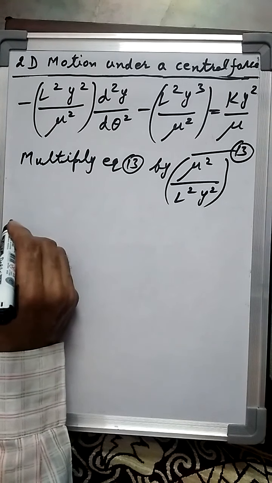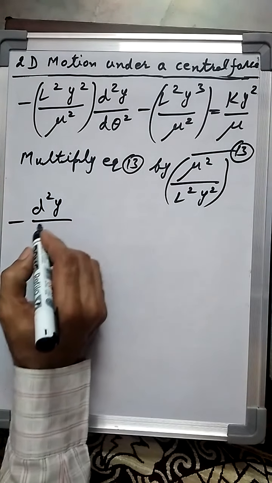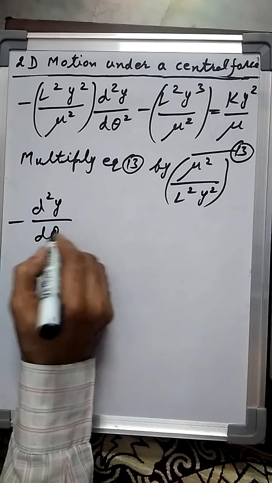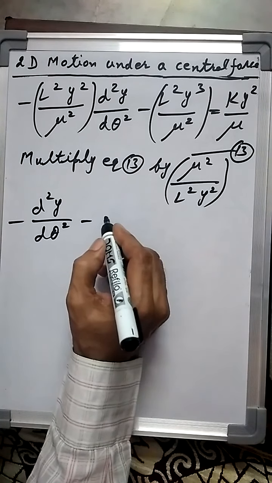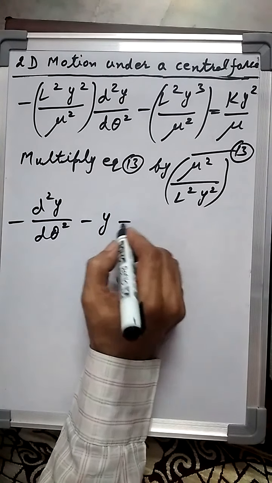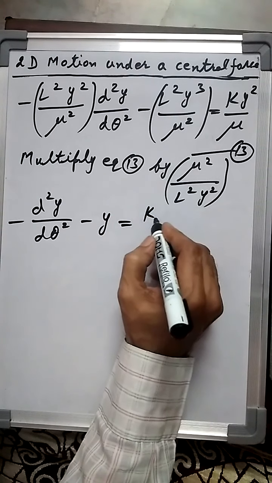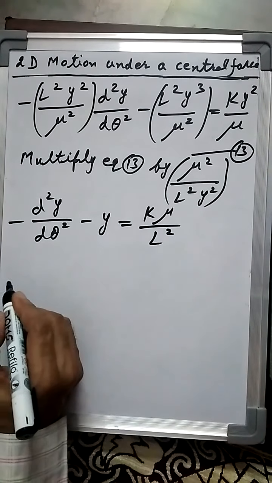So we can write minus d square y by d theta square minus y is equal to k mu by L square.